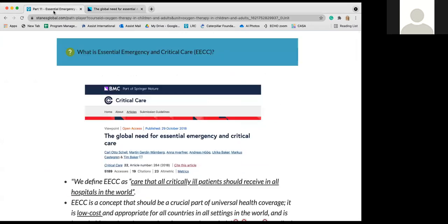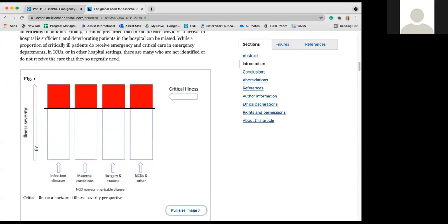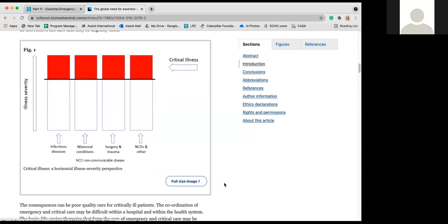Yeah, keep going down. Yeah, the common conditions we see, as you know, infectious diseases. In our context, we have sepsis, we have meningitis, for example, we have malaria, and then maternal conditions. And you see people with postpartum hemorrhage, for example, eclampsia, abortions, and then surgical conditions, which may include trauma, which is very common.